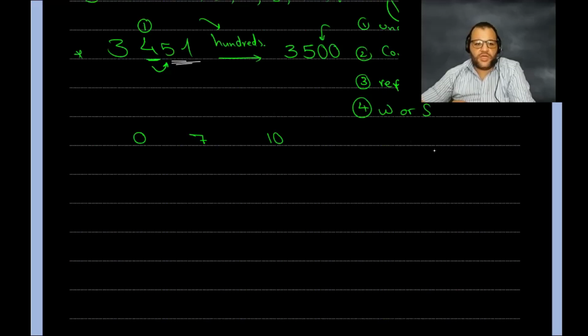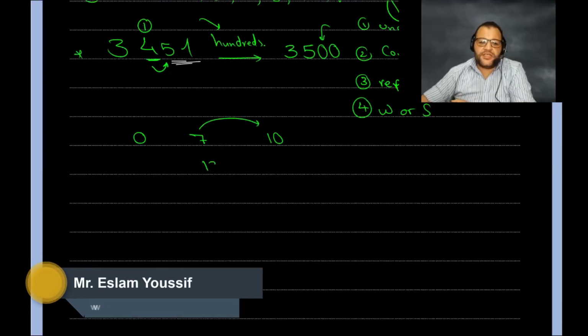Taha, is 7 nearest to 0 or nearest to 10? 10. 7 is nearest to 10. Suppose that we have 13. Is 13 nearest to 10 or 20?